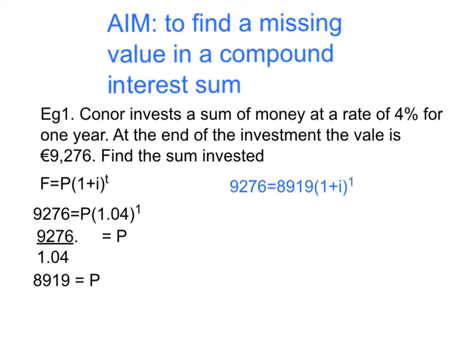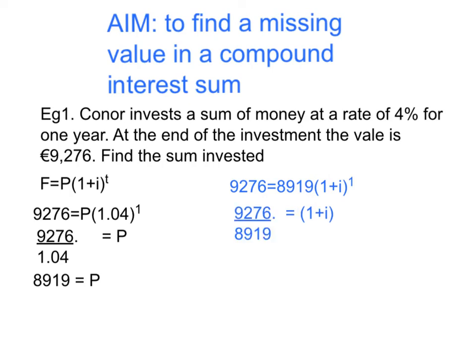Well, again, you're doing the opposite action. As you can see here on the right hand side, 8919 is multiplied by 1 plus the interest rate. So I want to get the 8919 on the far side. At the moment it's multiplied, so I bring it over and I divide.